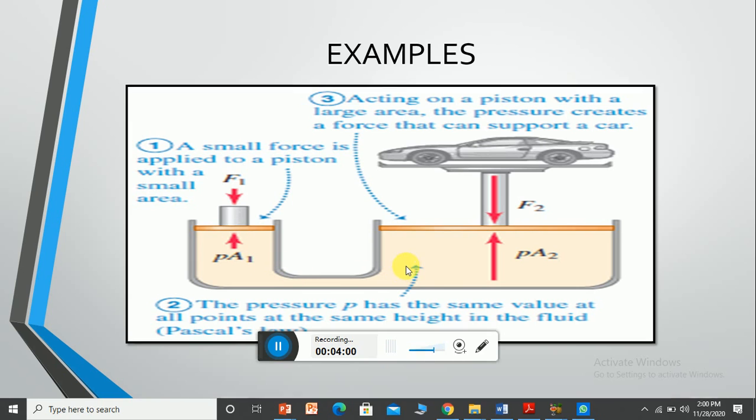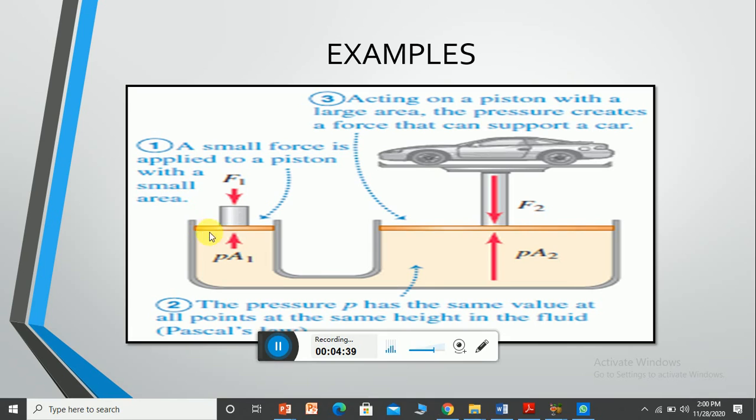And this liquid definitely exerts pressure. So how does this liquid exert pressure? When a small force is applied on a piston having a small area, you know pressure equals force per unit area, and then force equals pressure times A1. This pressure is transmitted to the liquid, and as I told you in the previous slide, pressure is transmitted in all directions equally.